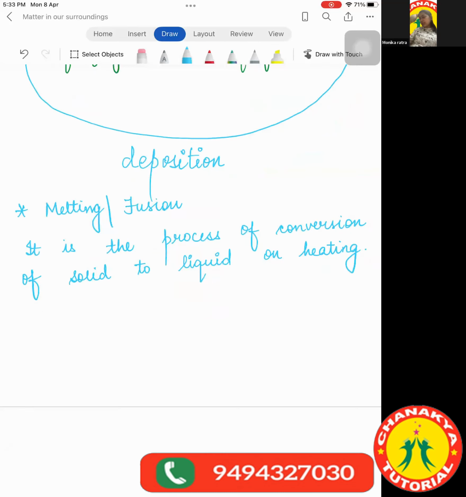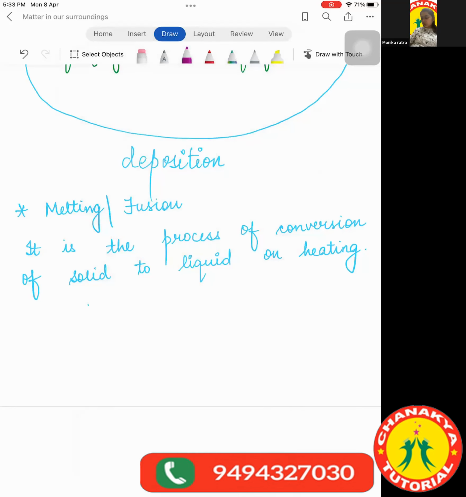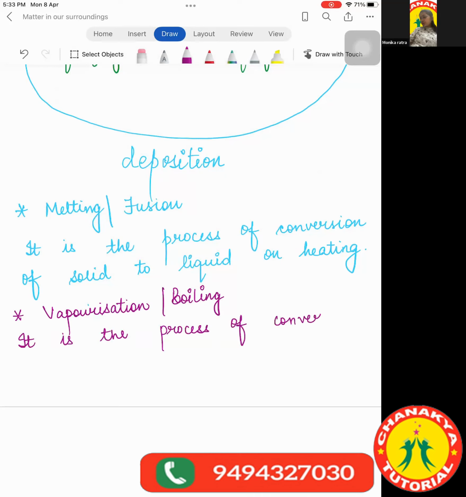Okay. Then let us come to the second term, which is vaporization. So the next term is vaporization, or we may also call it boiling. So what is this process? It is the process of conversion of liquid to gas.